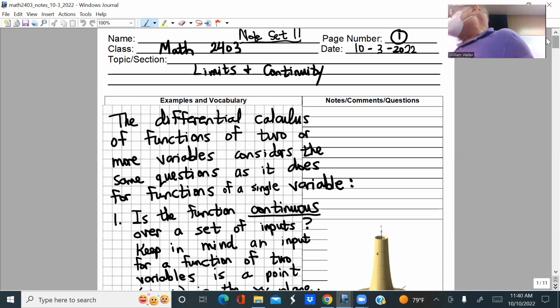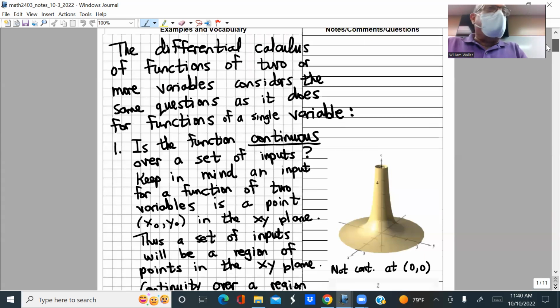When you do that, that's how you get the graph of the function, the geometric picture of the function. And whenever we can, we do want to rely on our graphs of these three-dimensional functions, functions of two variables.